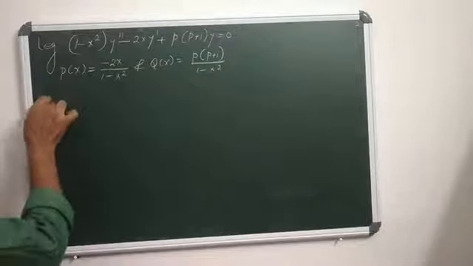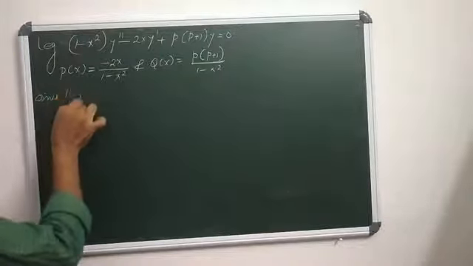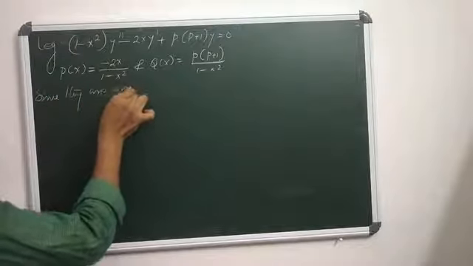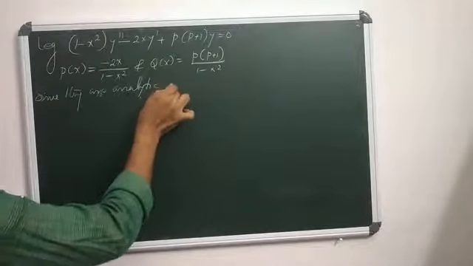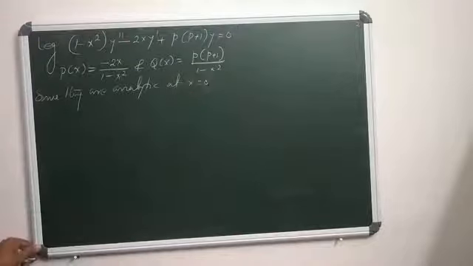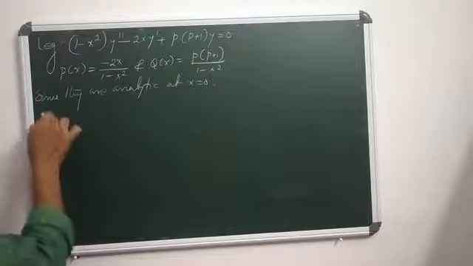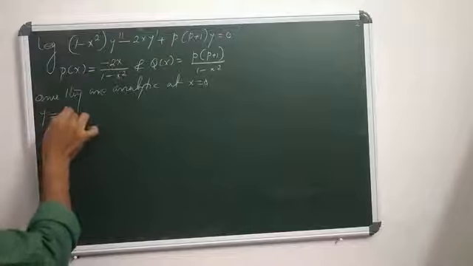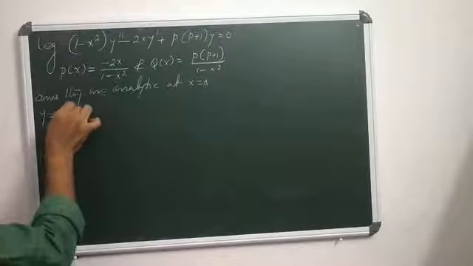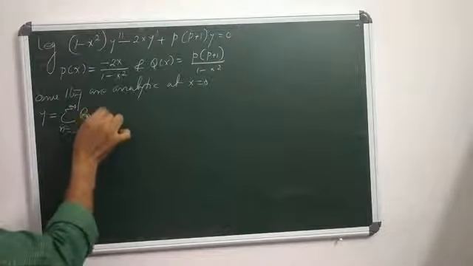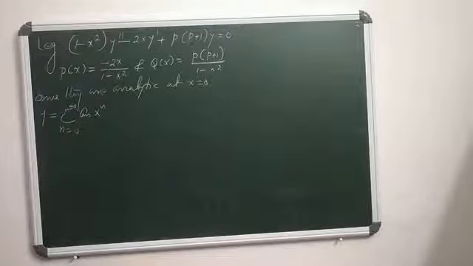Since they are analytic at x equals 0, we may assume that y equals sigma n ranges from 0 to infinity a n x power n is a series solution.